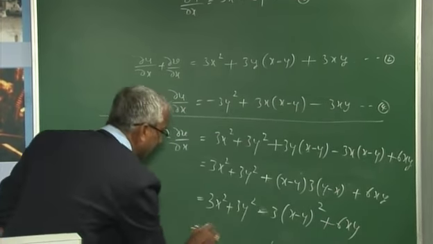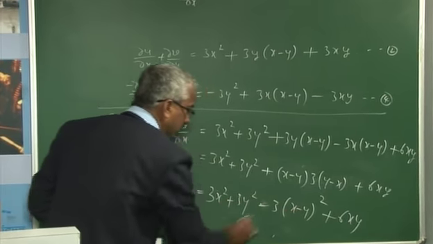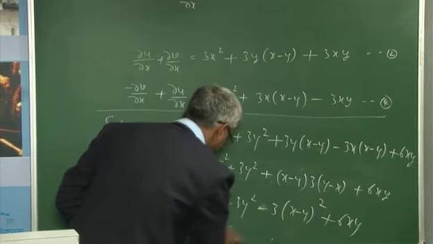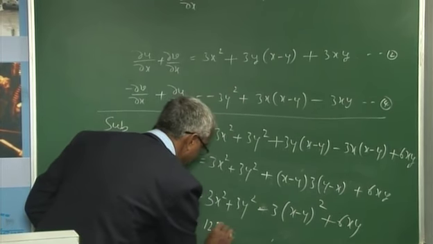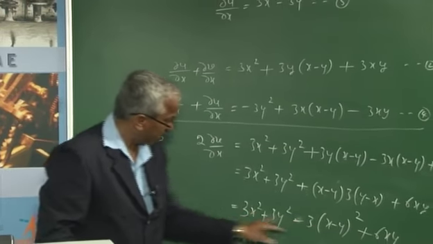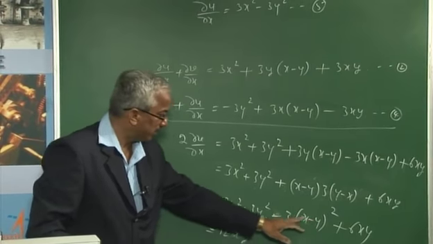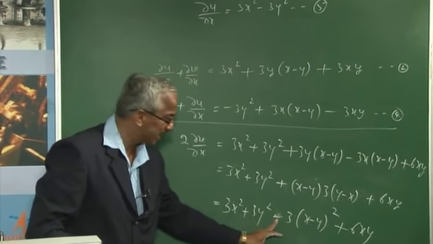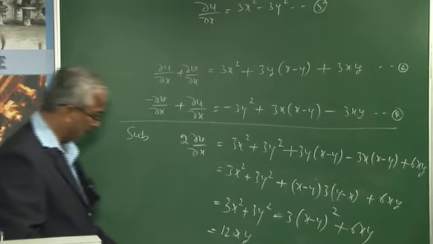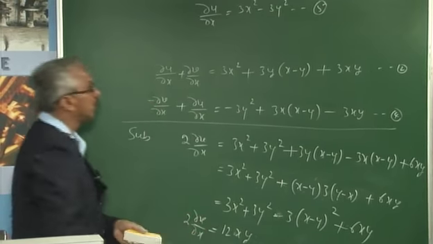After simplification, the 3x squared gets cancelled, 3y squared gets cancelled, minus of 6xy, that is plus 12xy. If you expand this one, 3x squared, 3y squared get cancelled, here also minus 2xy means it is plus 6xy plus 6xy, that is 12xy, and 2 times dou v by dou x is equal to 12xy.